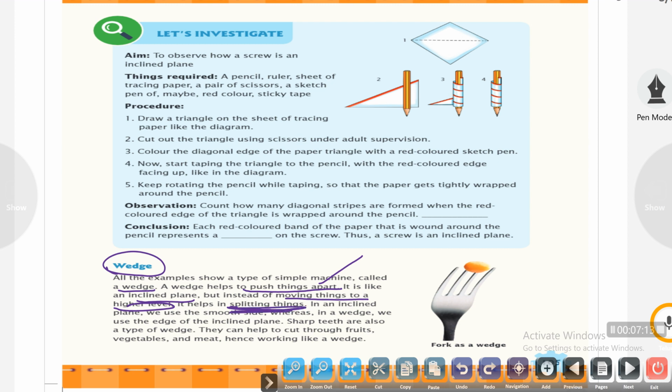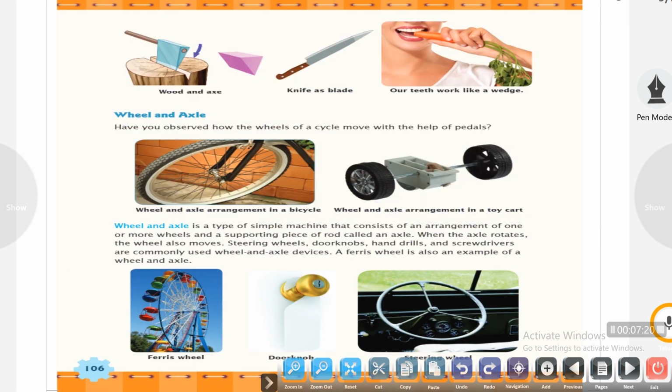Splitting means to get them apart or to separate them. For example, axe, knife blade. Our teeth work like a wedge, which all are working to separate out or cut out.